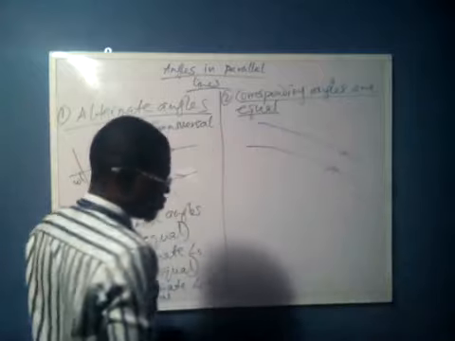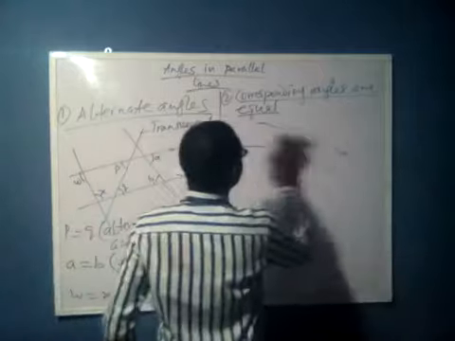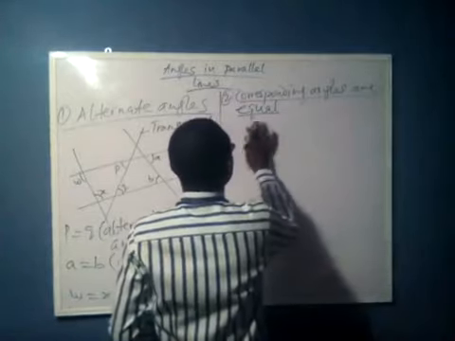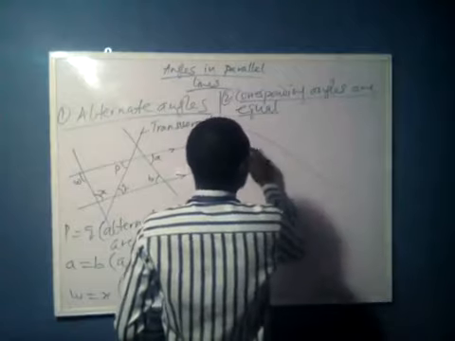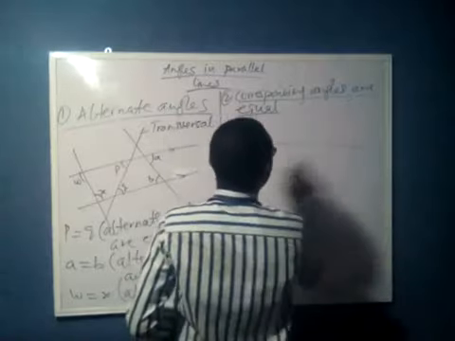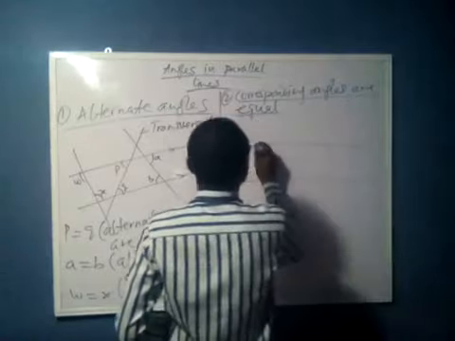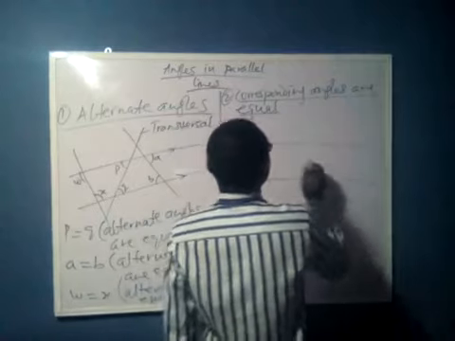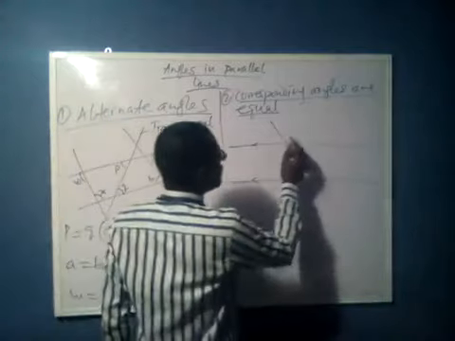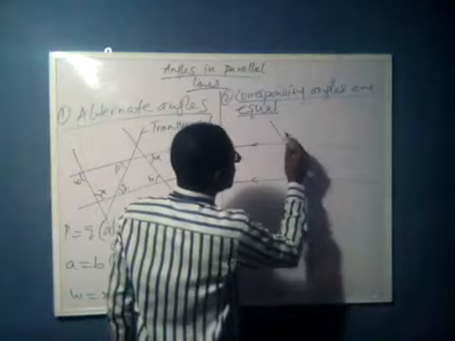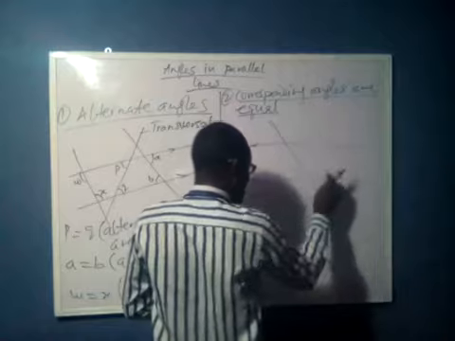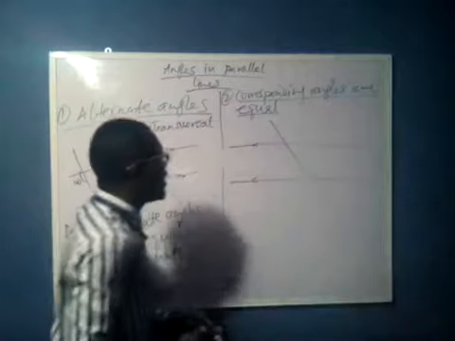let's have parallel lines and a transversal. The angles formed on the same side of the transversal but on different parallel lines.